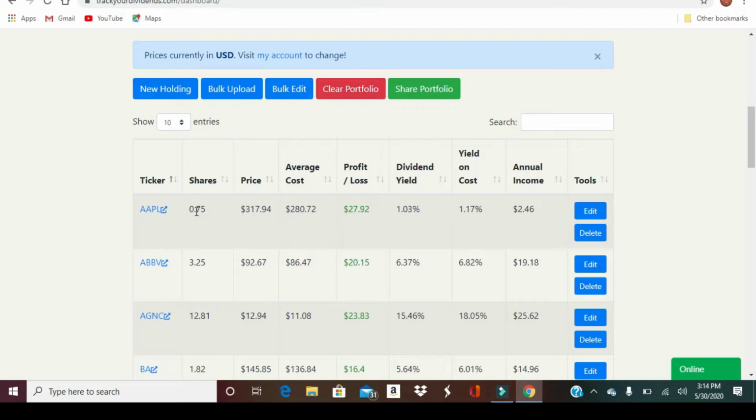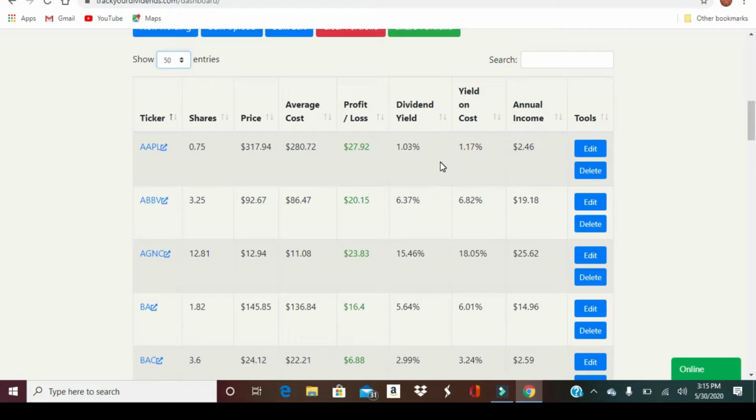And that's one of the things that I like about this website, is that it takes fractional shares. But you can see by owning 0.75 shares, I'm getting $2.46 every year. So that means the more I invest in Apple, the more my annual income increases.